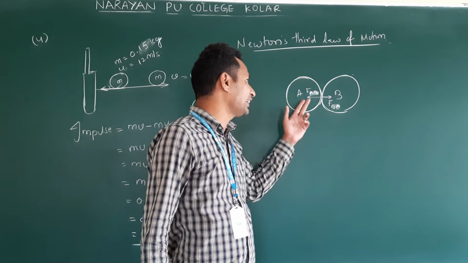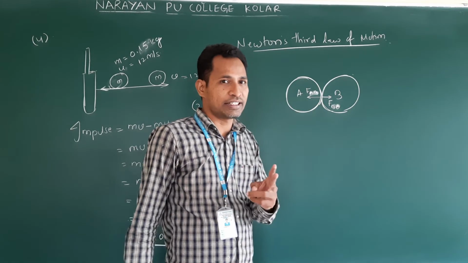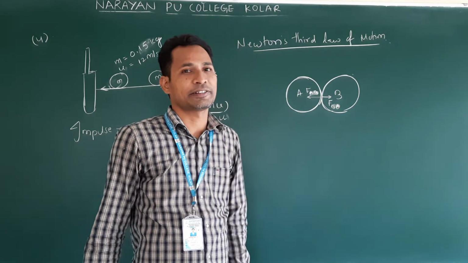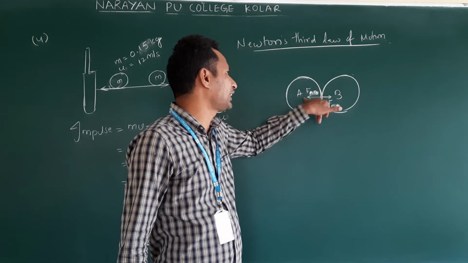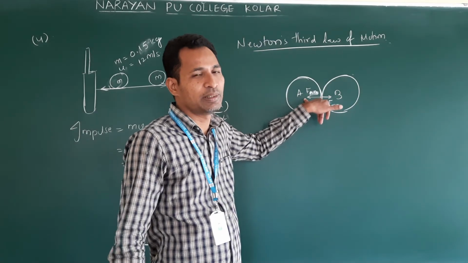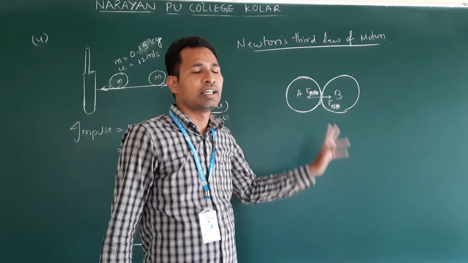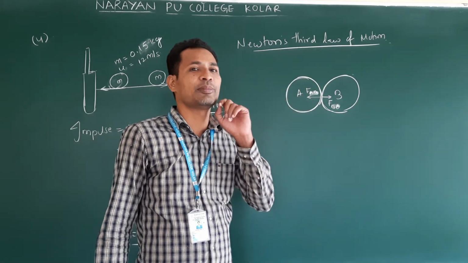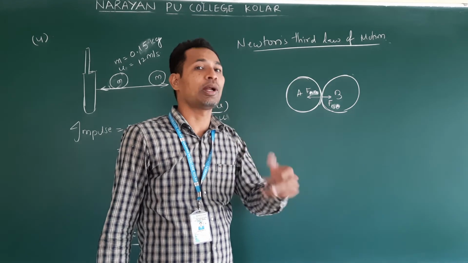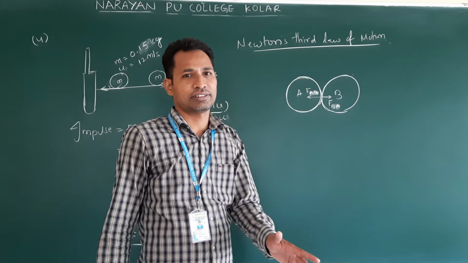So this action and reaction act on two bodies, not on a single body. If B is not there, what is the force acting on A? We cannot say, it's meaningless. So action and reaction occur simultaneously and act on two bodies, not on a single body. Action and reaction develop when two bodies are in contact.